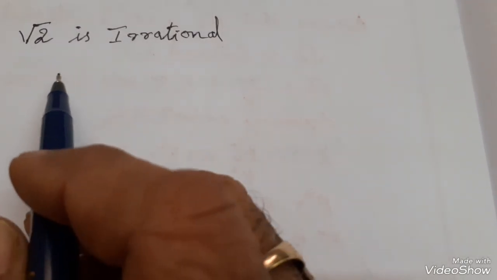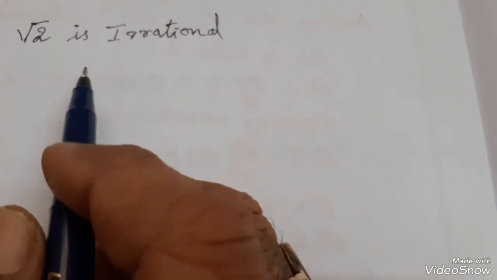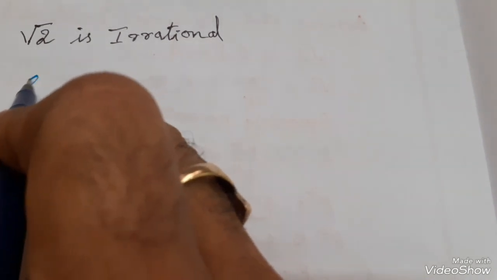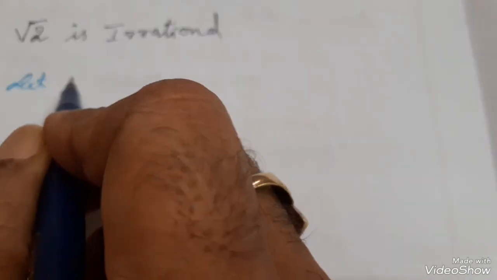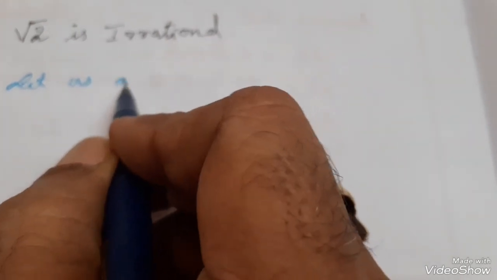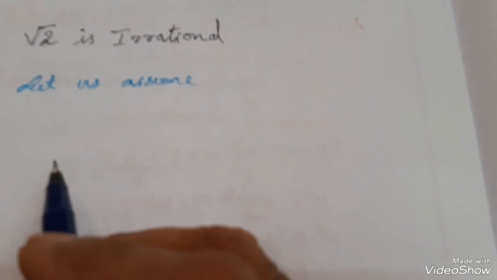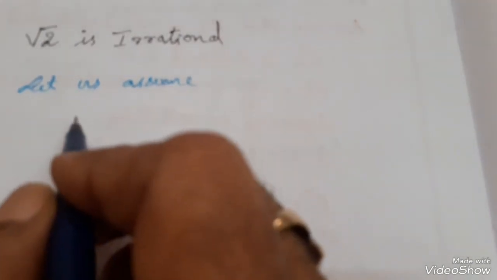Now root 2 is irrational. How can we prove root 2 is irrational? So let us assume root 2 is not irrational.